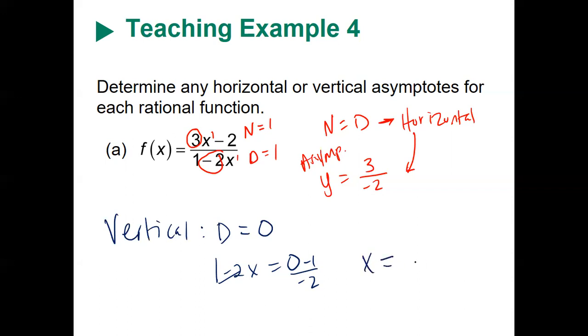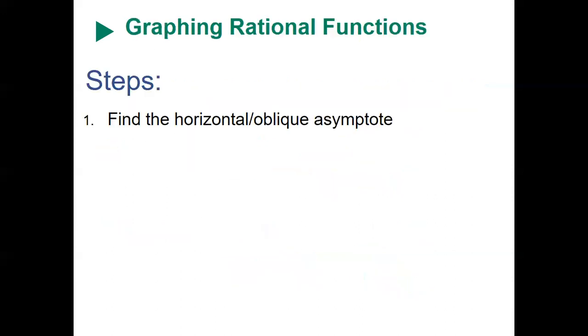So my vertical asymptote is at x equals 1/2. Here's my vertical asymptote, and my horizontal. We will continue example 4, and we have a few more to do tomorrow.